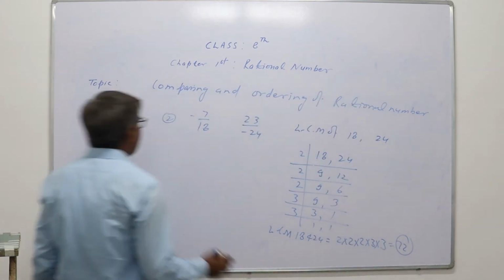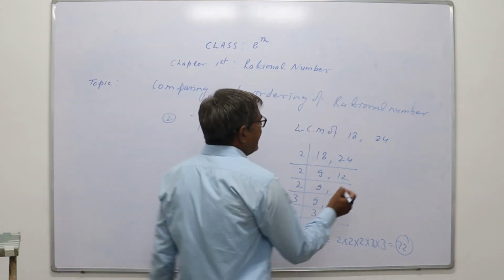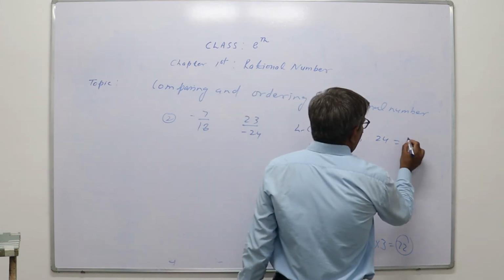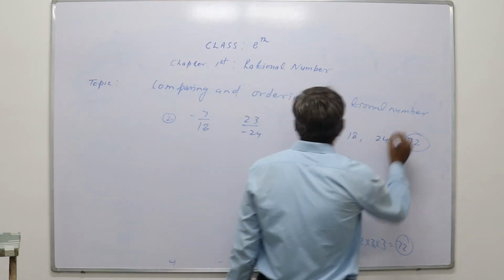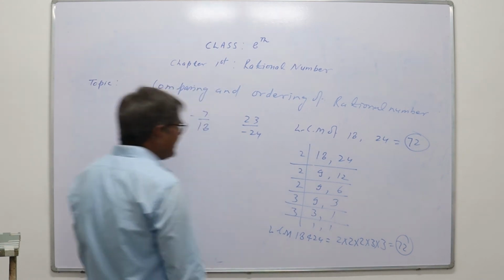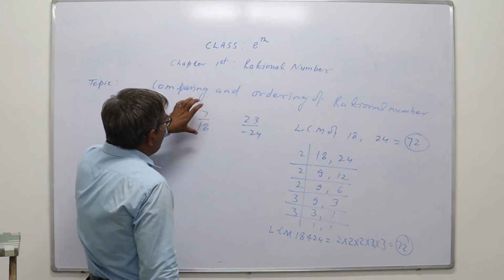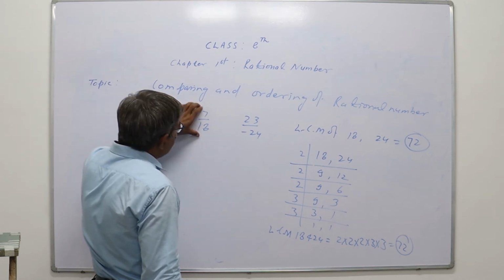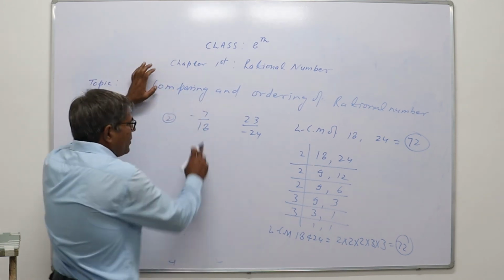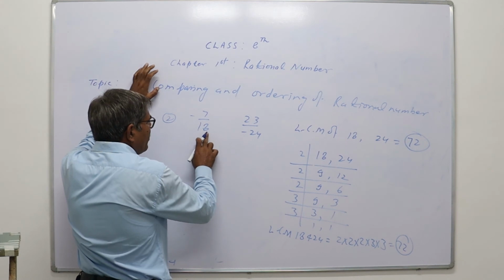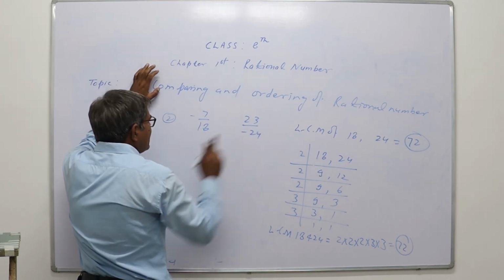Now your LCM of 18 and 24 is 72. Now to make the denominators the same in these two given fractions, first we will make the denominator of this minus 7 upon 18. So divide 72 by 18. So 18 fours are 72.